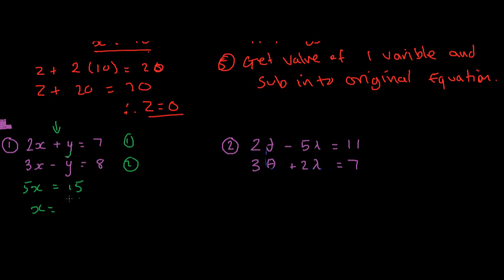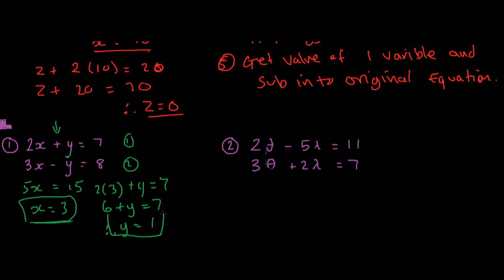So x would equal 15 over 5, which is 3. Then we sub into one of the original equations. So we've got 2 times 3 plus y equals 7. So 6 plus y equals 7. Therefore, y equals 1. So we've got x equals 3 and y equals 1.